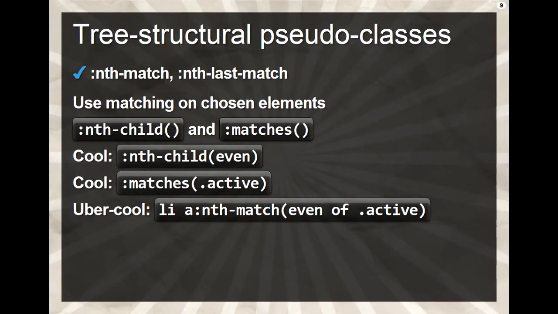For example, we can use nth child even, and we will select the even elements from the div or paragraph. The second one is the matches, so we select the active class. But using the nth match, we can have so complicated state, for example, that we can select only the even elements from the active classes.